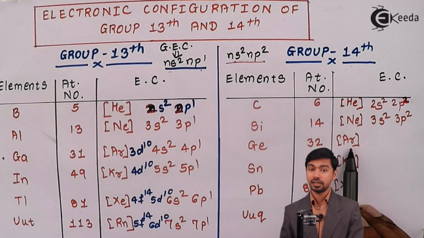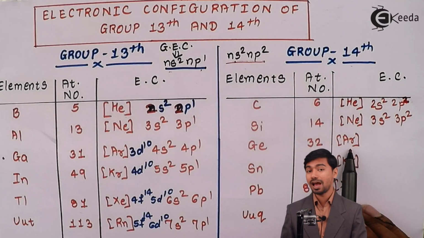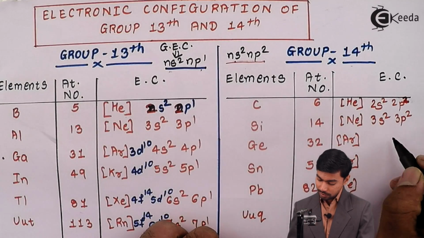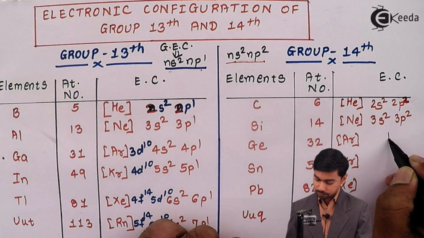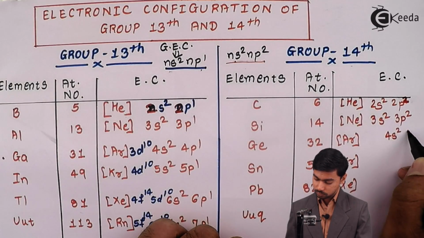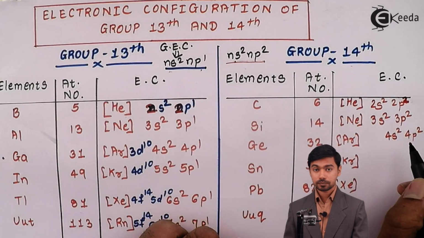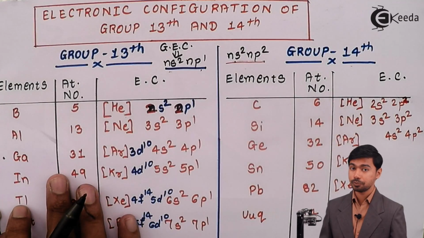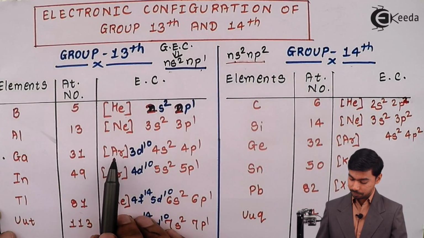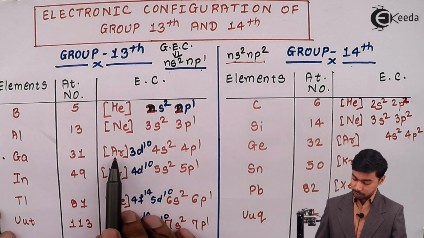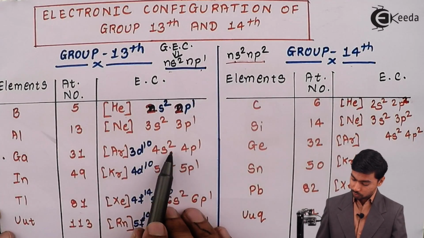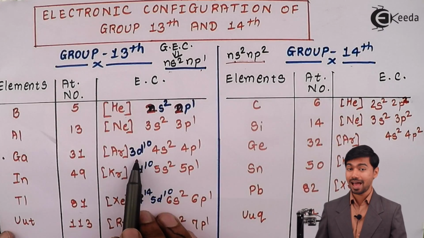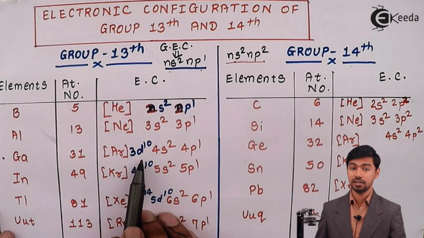Argon is the inert core, and what we put further is the general electronic configuration, that is 4s2 4p2. But as per the modification in group 13 that we already studied, in period 4, in between this general electronic configuration and the inert core, we have to make another entry, that is 3d10.